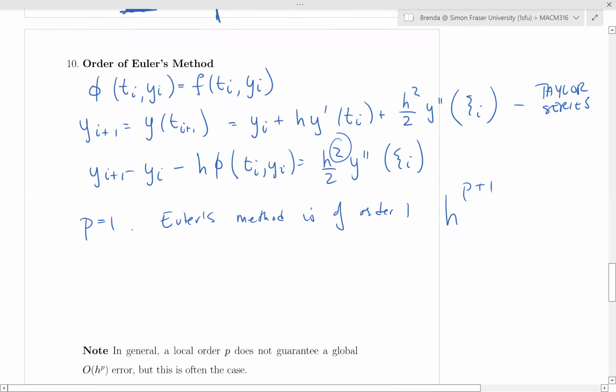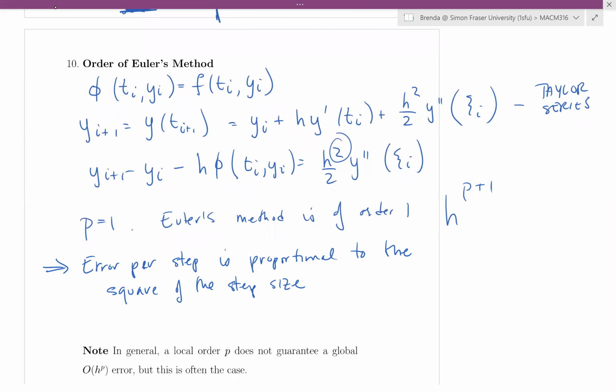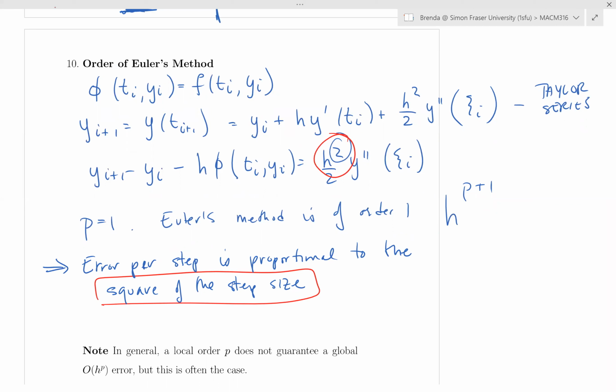This means that the error per step, we looked at the local truncation error, so the error per step is proportional to the square of the step size. Why is that being squared? Square of the step size. The global error was order h.